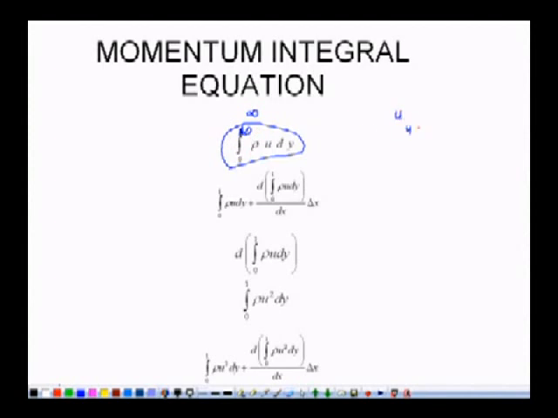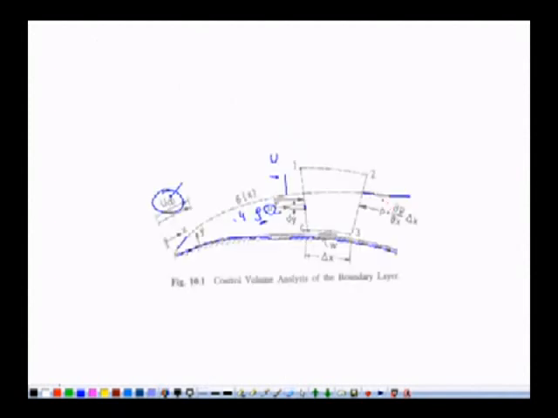This u becomes capital U, right. So let us not consider this case here, keep it as 0 to infinity or 0 to L, since we are solving for the control volume of length L in the perpendicular direction. So 0 to L rho u dy.